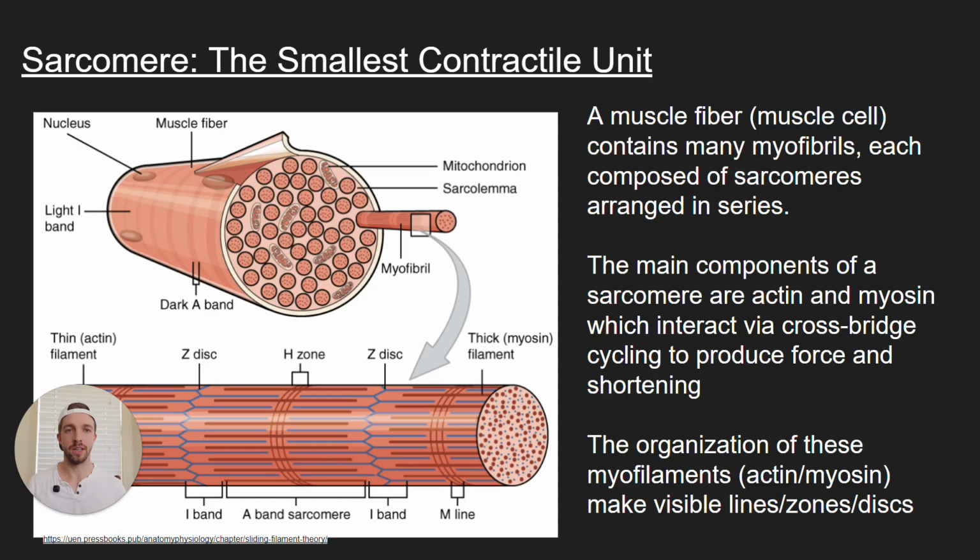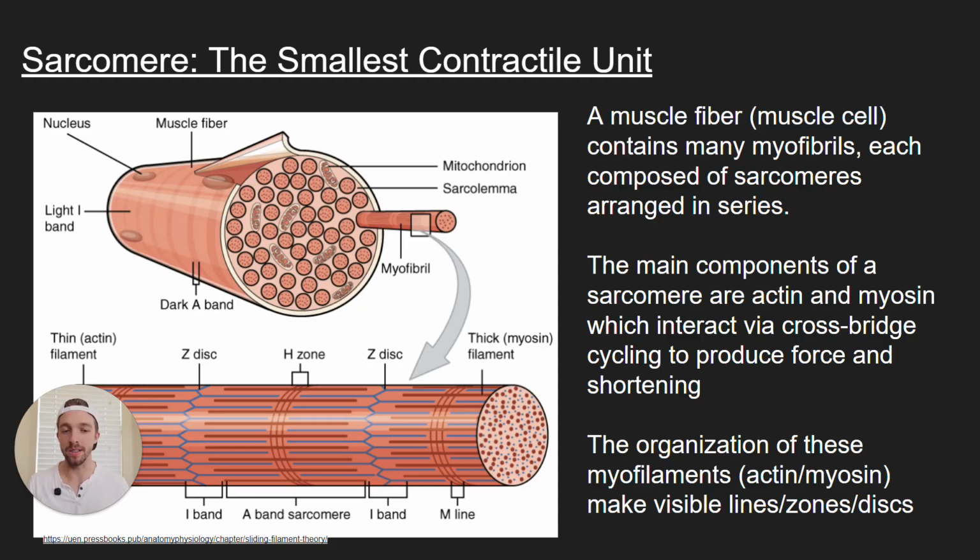It all adds together. So again, they're arranged in series, right? They're linked end to end, and then those are also in parallel within the muscle cell or muscle fiber.